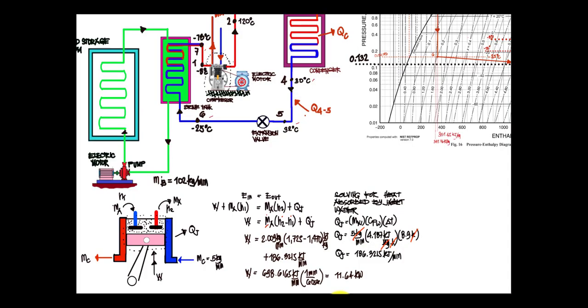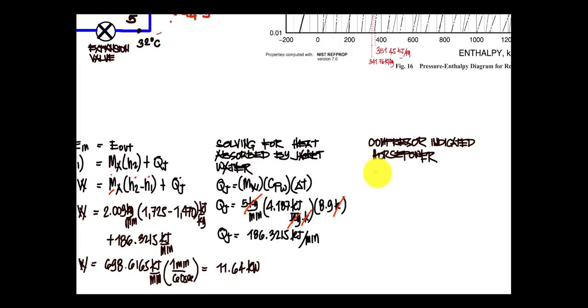For the compressor indicated horsepower, the indicated horsepower is equal to 11.64 kilowatt.